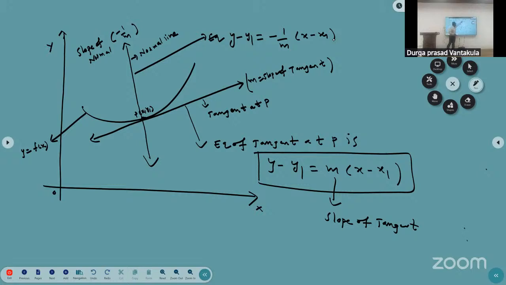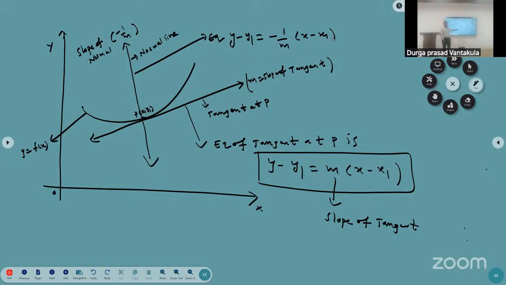What is minus 1 by m? Slope of the normal line. Both lines are passing through which point? x1, y1.